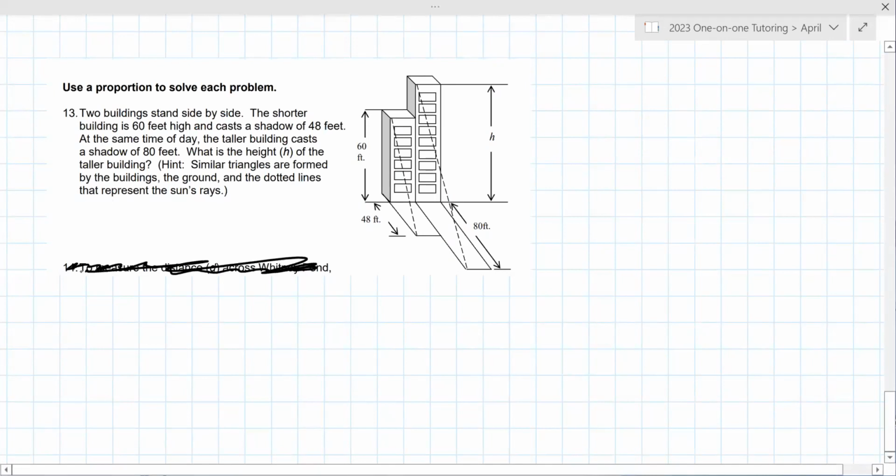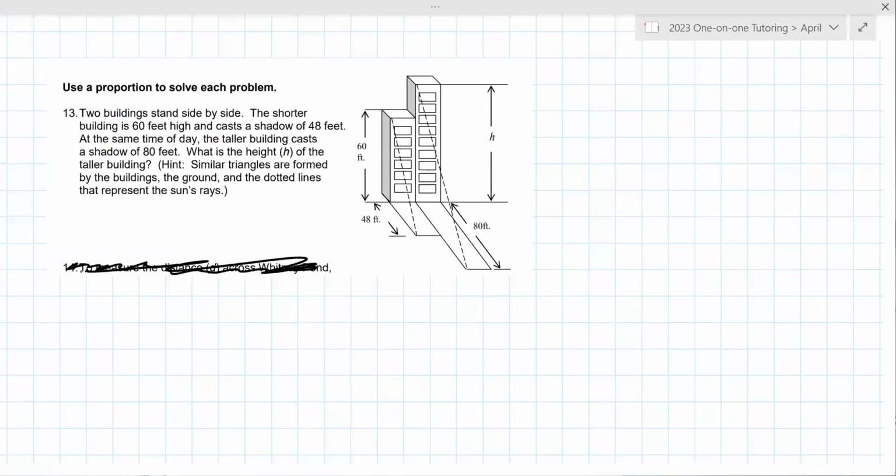It says two buildings stand side by side. The shorter building, at 60 feet high, casts a 48-foot shadow. At the same time of day, the taller building casts an 80-foot shadow. What is the height of the taller building?